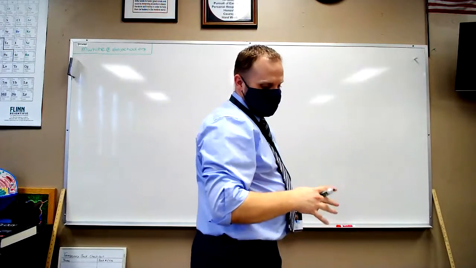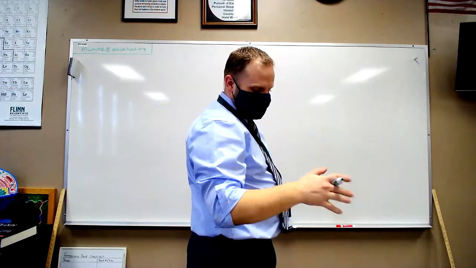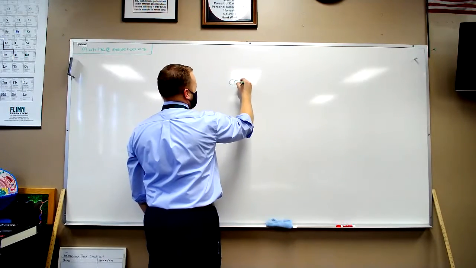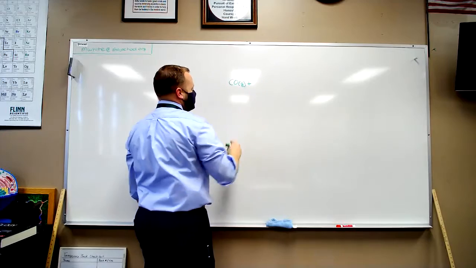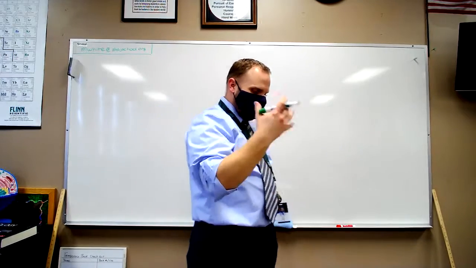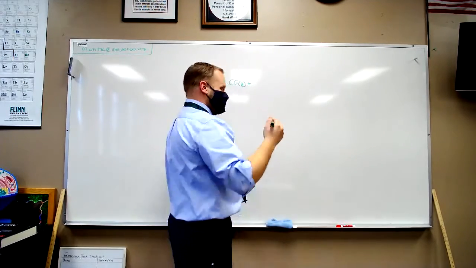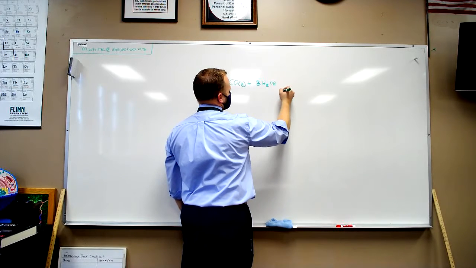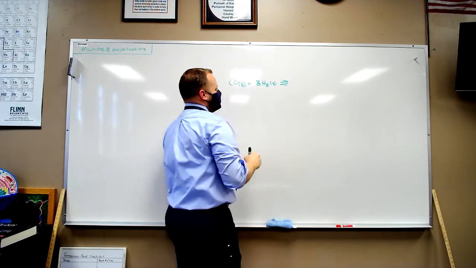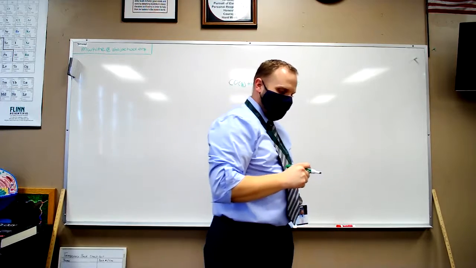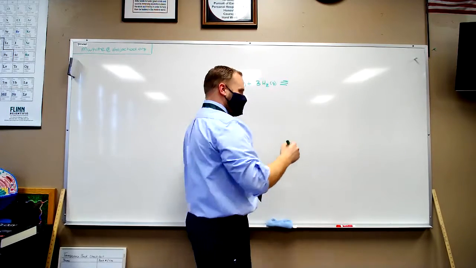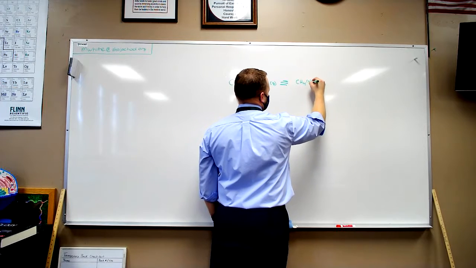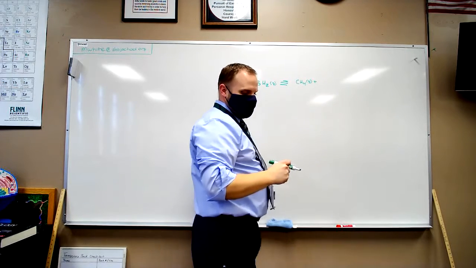So this reaction that the book gives as an example, we take carbon monoxide, and we're reacting this carbon monoxide with hydrogen gas. It is a reversible reaction, and it's going to produce methane and water.